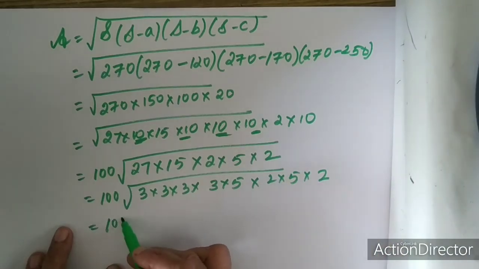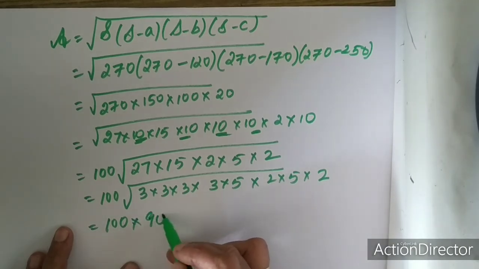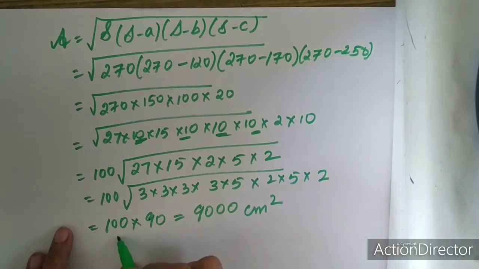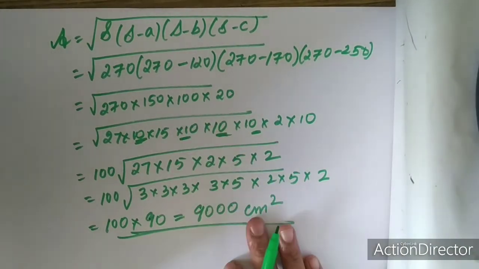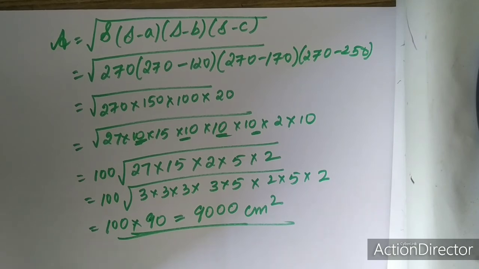So this will come out to be 100 into 90, which is equal to 9000 centimeter square. So if you simplify slowly, you can very easily get the area of the triangle. Hope you understood all these simple sums based on Heron's formula.